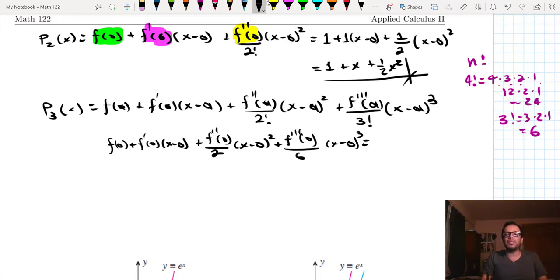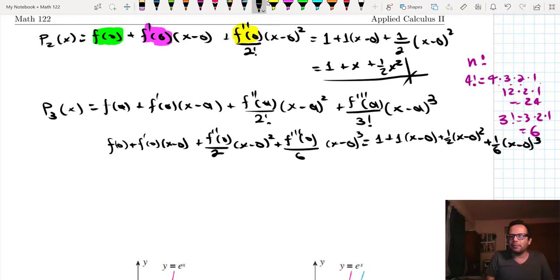So what is this going to be? This will be 1 plus 1 times x minus 0 plus 1/2 times x minus 0 squared plus 1/6 times x minus 0 cubed.